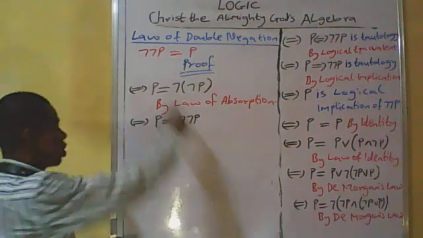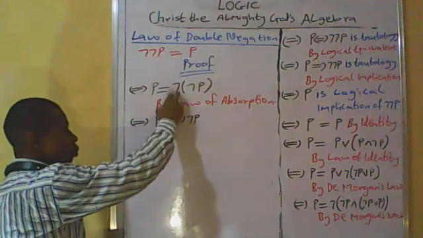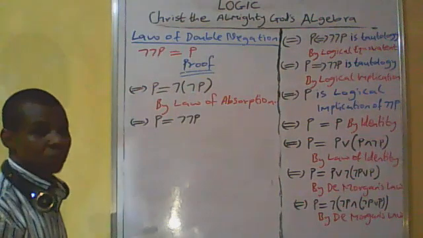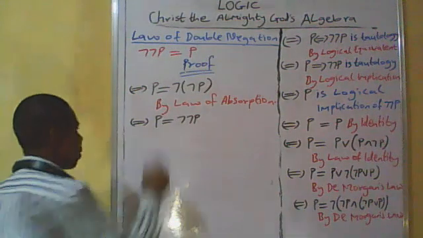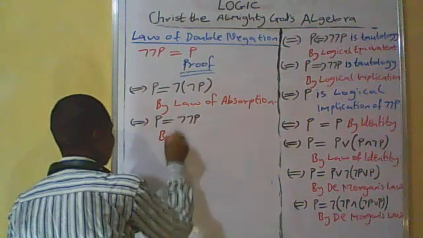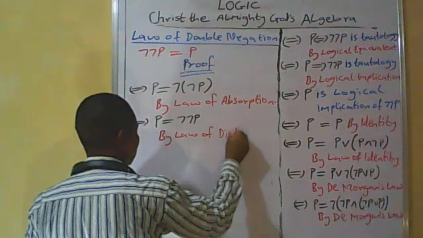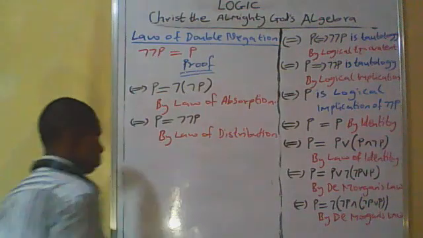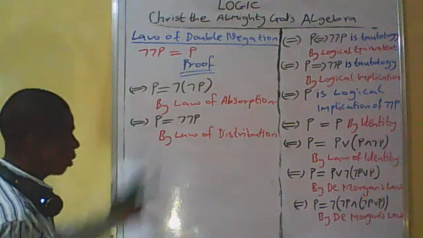So you just distribute this not to this not P. It becomes not P. So being justified by law of distribution.